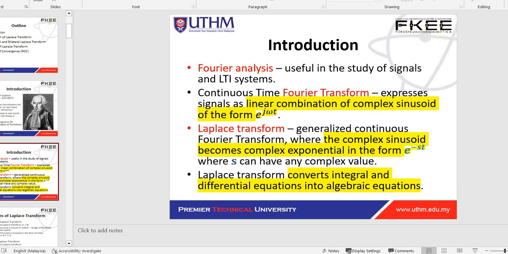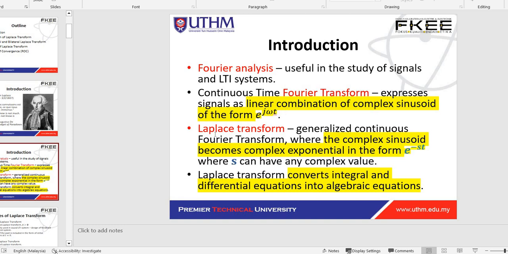In chapter 4, we talked about expressing the signal as a linear combination of complex sinusoids, where via the formula we know that the signal x(t) you have to multiply with the exponent minus j omega t, which is in the omega domain.